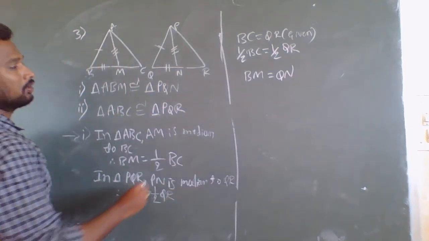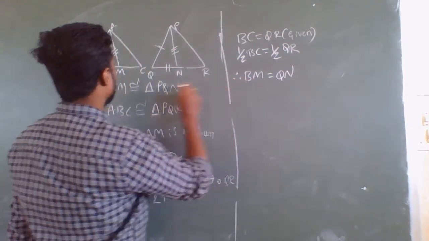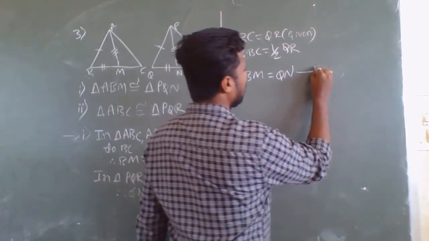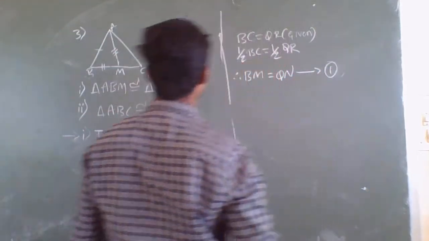So now I got that BM is equal to QN. I will write it as 1.